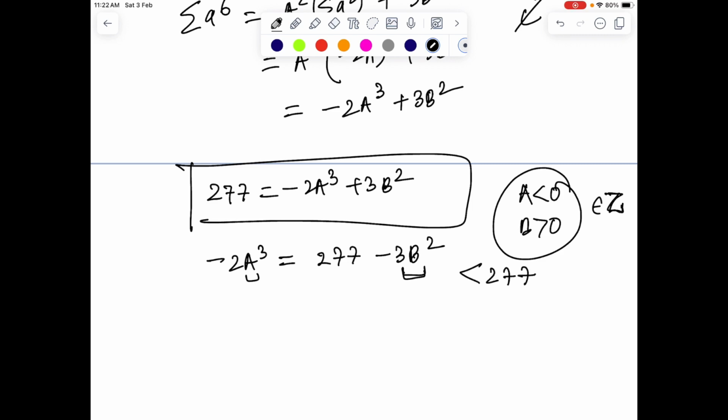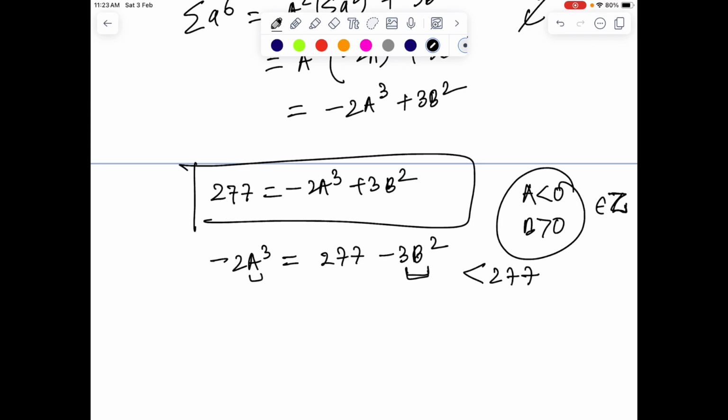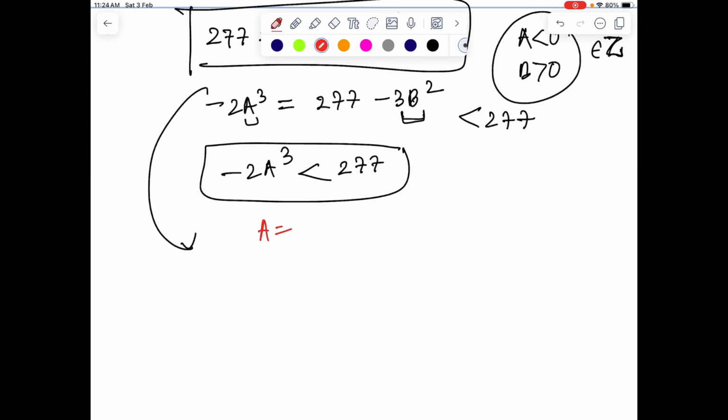Minus 3b square will anyway be less than 277, so minus 2a cube is less than 277. That gives a window for a as minus 1, minus 2, minus 3, minus 4, and minus 5. Minus 6 onwards will have no solution because the LHS will exceed the RHS.